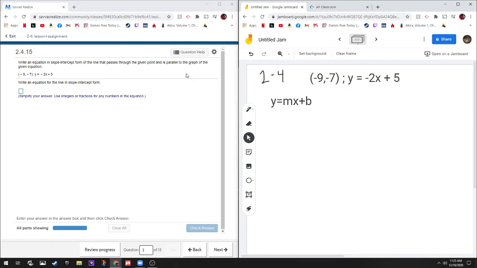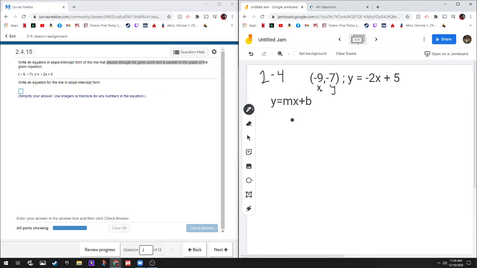So we need y equals mx plus b that passes through the given point and is parallel to this graph. Passing through this point means I can plug in x and y where they belong.